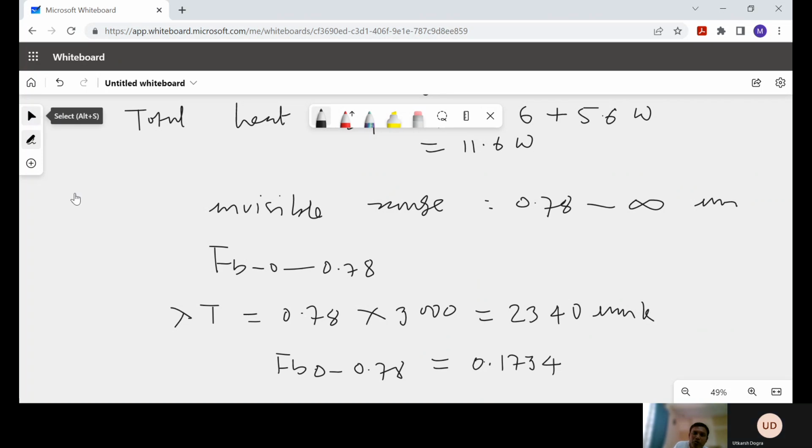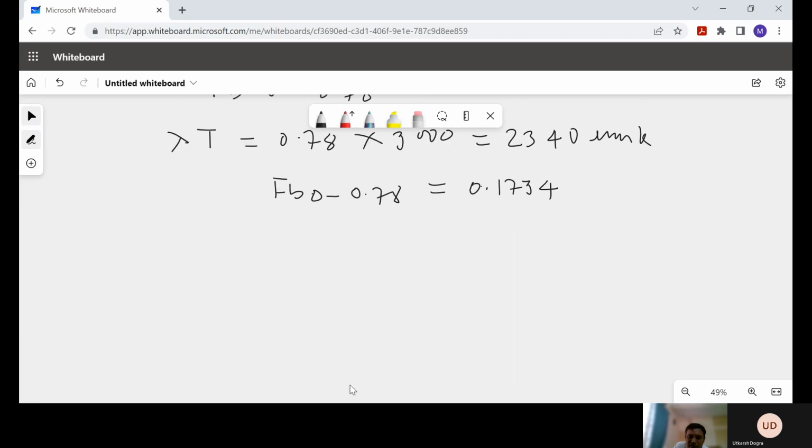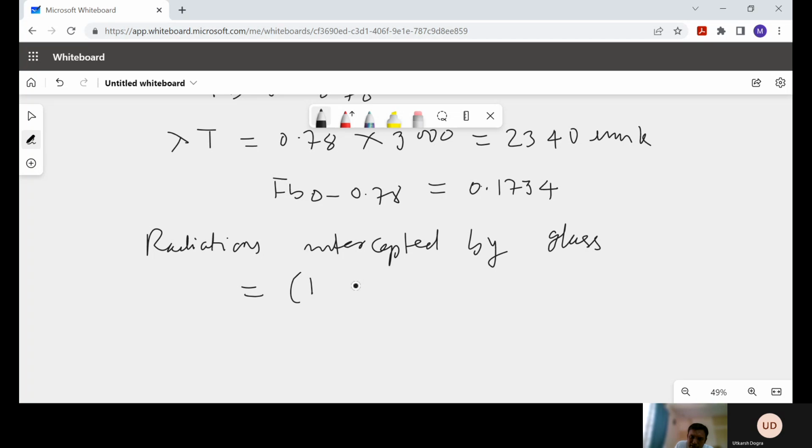So the radiation intercepted by glass will be given by 1 minus 0.1734, multiplied by the total radiation, 40 watt.